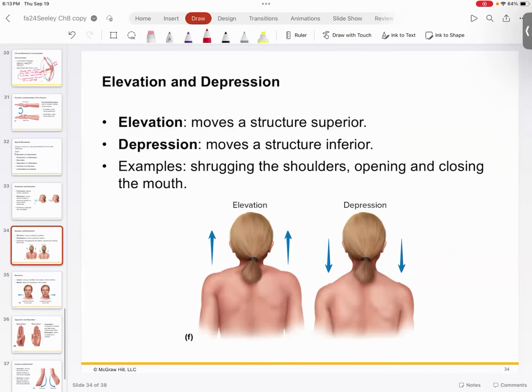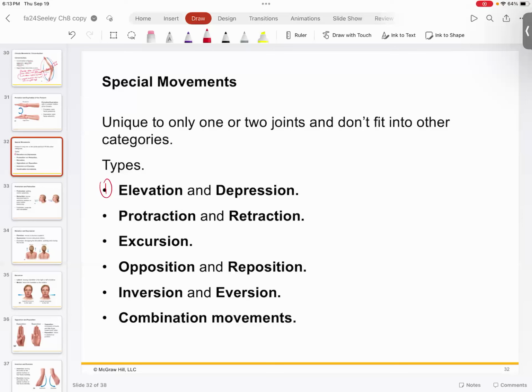It's basically open mouth, closed mouth. So you elevate the mandible, which would be closed, or you depress the mandible, which would be open.